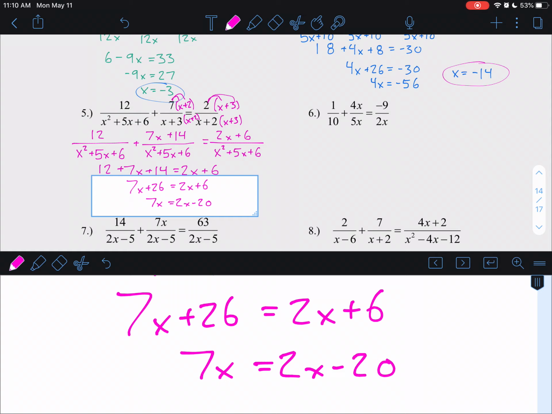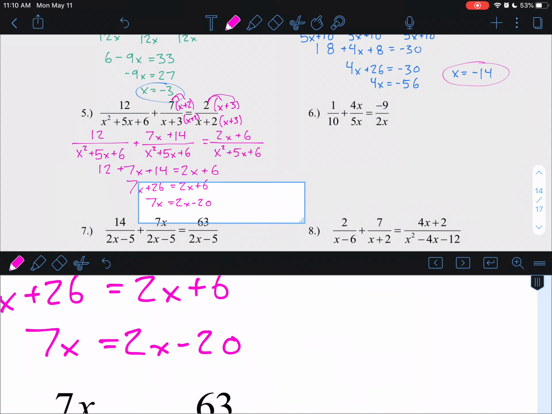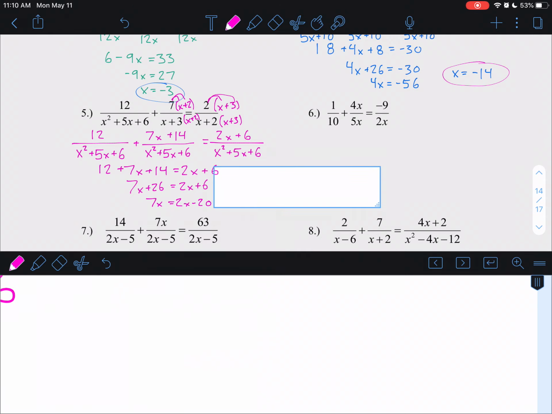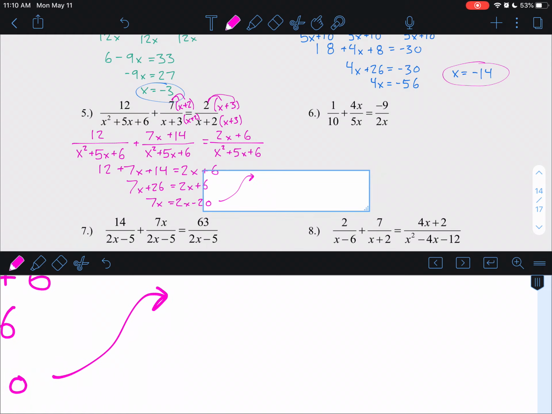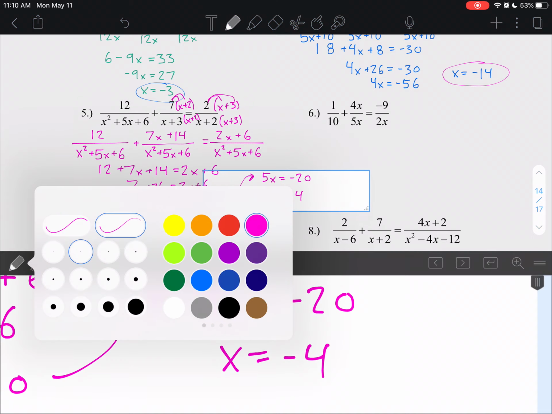And then I will subtract 2x from both sides, and that is going to give me 5x equals negative 20. Divide by 5, x equals negative 4. So yeah, the solution to this one was negative 4.